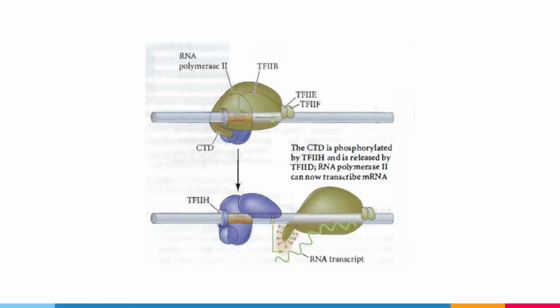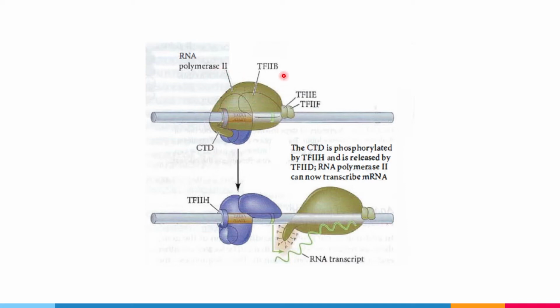Very close. It is the transcription pre-initiation complex. So it is a complex instead of a particular protein factor; it is a complex of various proteins. It is a pre-initiation complex. It forms before initiation of transcription, and that is why it is known as the transcription pre-initiation complex.